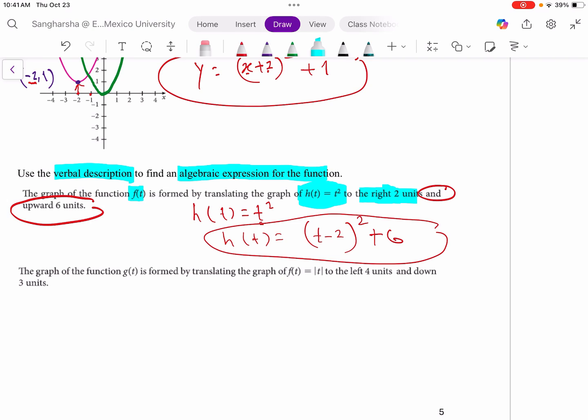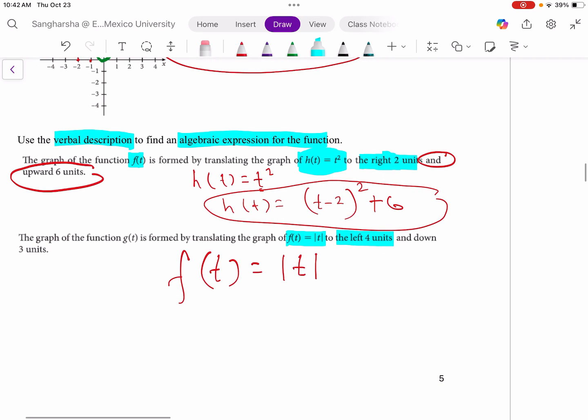Okay, the next one, we have our basic function f of t equals the absolute value of t, and you are moving to the left 4 units. How do we move left by 4 units? What do we have to do? We replace t by what? t plus 4.